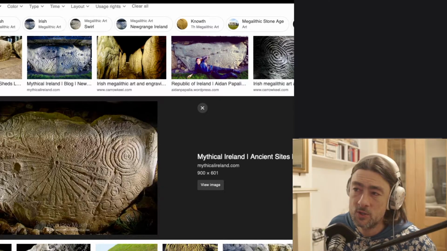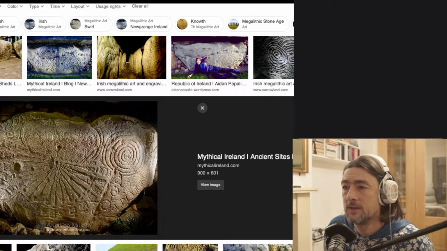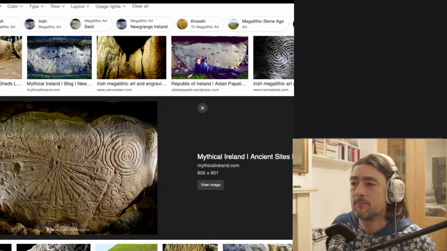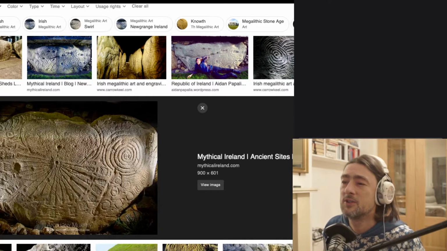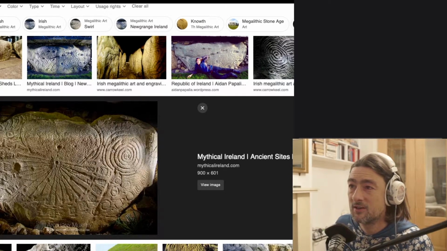There's one of those cupules in the middle. I wonder if something was intended to be set into the rock in some way. But yeah, permanent, thousands and thousands of years old, Irish megalithic art.